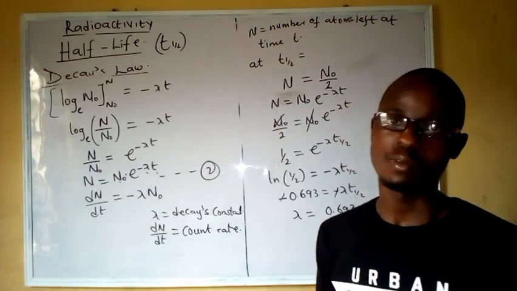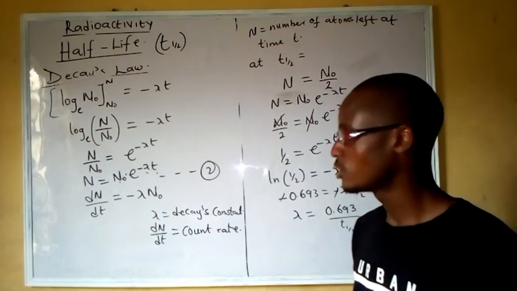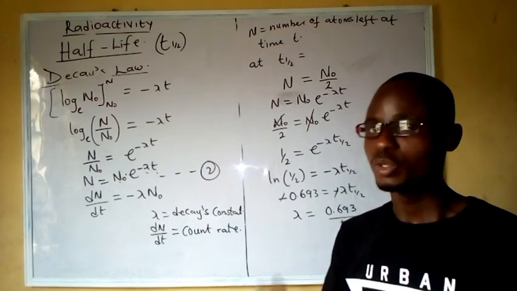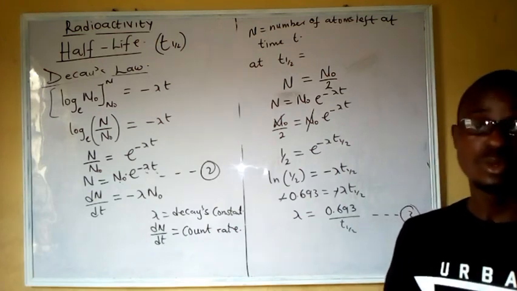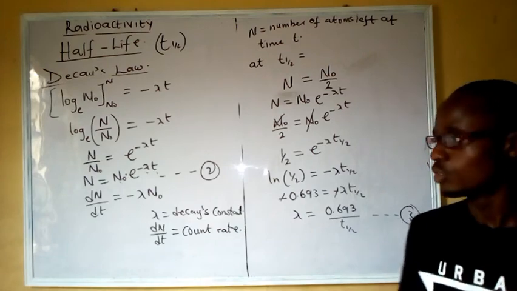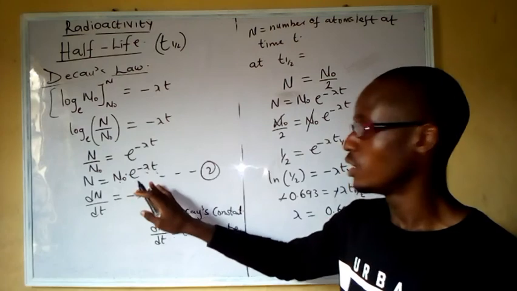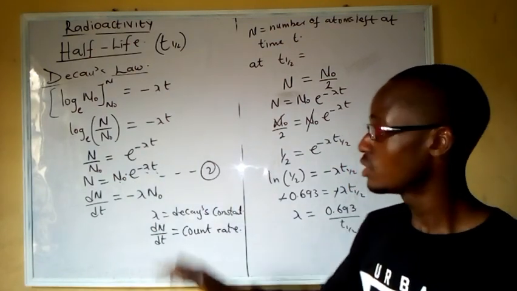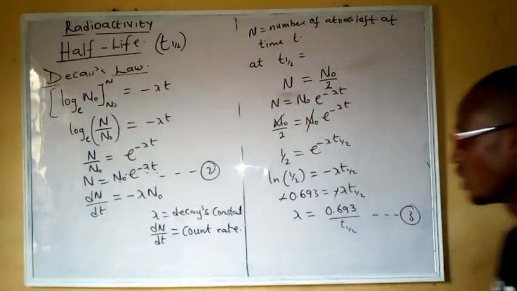Even if the half-life of an element is 3 days, you can still calculate the number of atoms left after just a day, which is not up to the half-life, or after few minutes, which is not even up to 1/4 of the half-life. So using this principle, once you know the decay constant, you just slot it here. And if you want to know the number of atoms that will be left after 2, 3 minutes, 20 minutes, that will be your t. Then you will be able to calculate it using that formula.